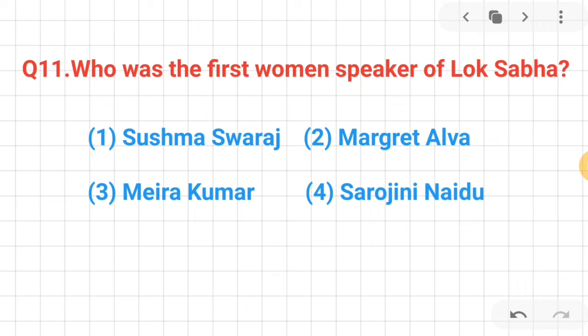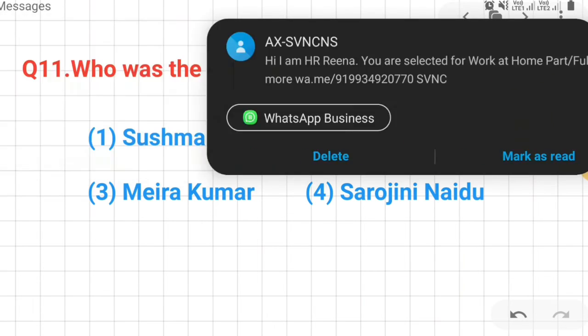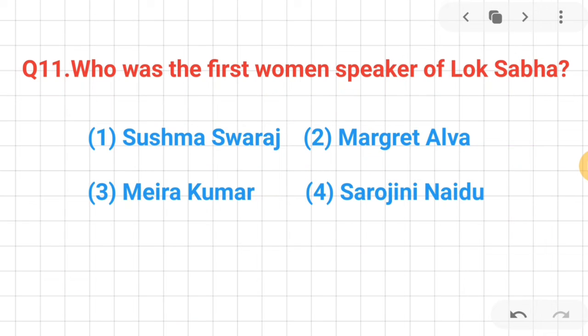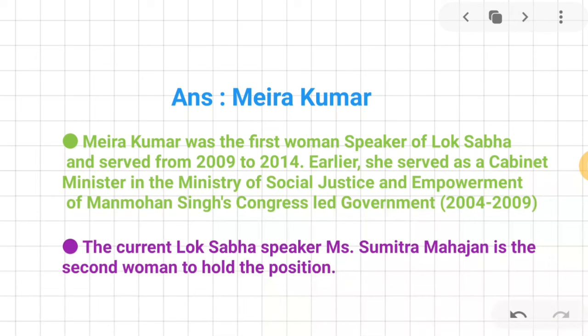Question number 11. Who was the first woman speaker of Lok Sabha? A very important question. Options are Sushma Swaraj, Margaret Alva, Sarojini Naidu, or Meira Kumar. The correct answer is Meira Kumar.